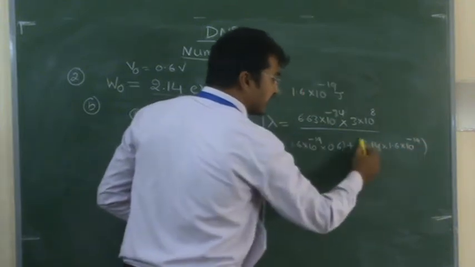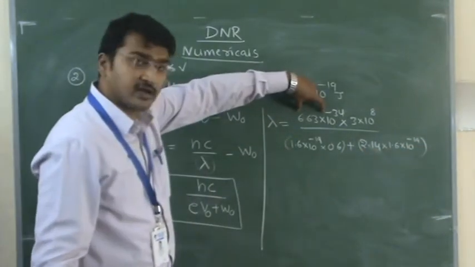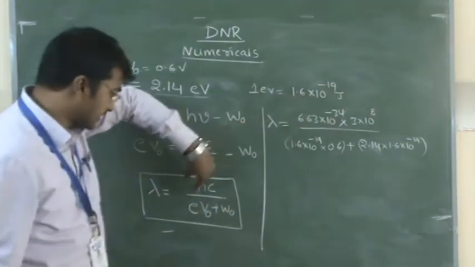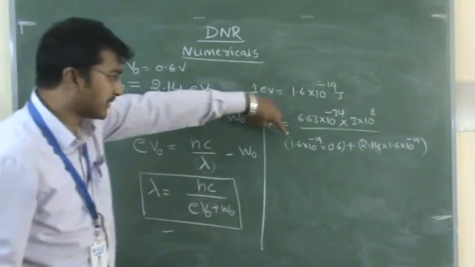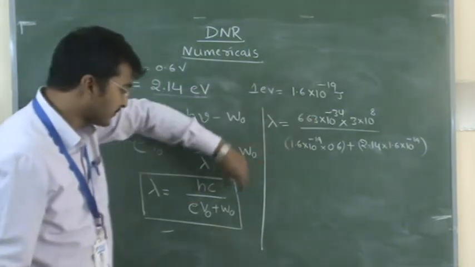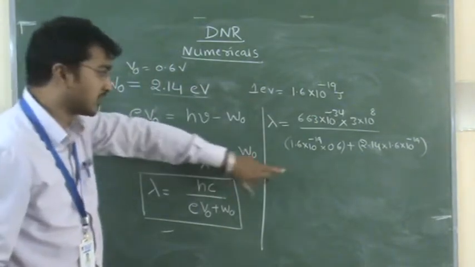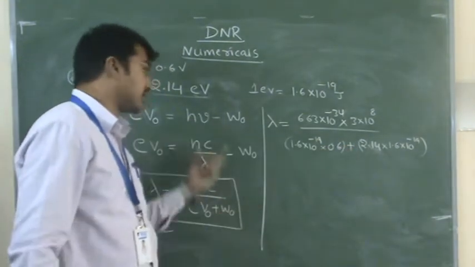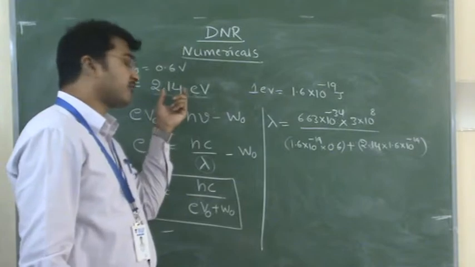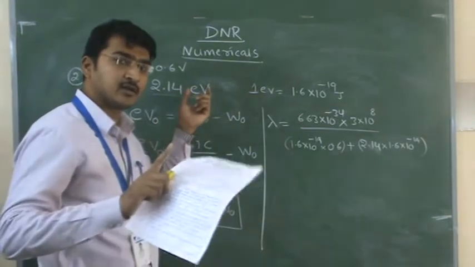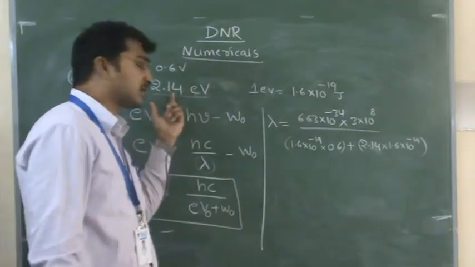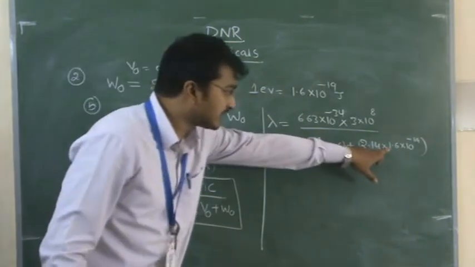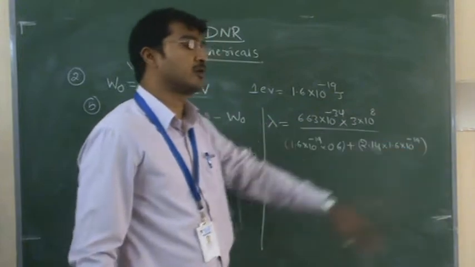Now it becomes SI units. Planck constant is in SI units, velocity of light c is also in SI units, e is 1.6 into 10 to the power of minus 19, and V naught, the stopping potential, 0.6 volts, is also SI, plus W naught, 2.14 electron volts, but the electron volt is not an SI unit. You should convert this electron volt into joules by multiplying with 1.6 into 10 to the power of minus 19.